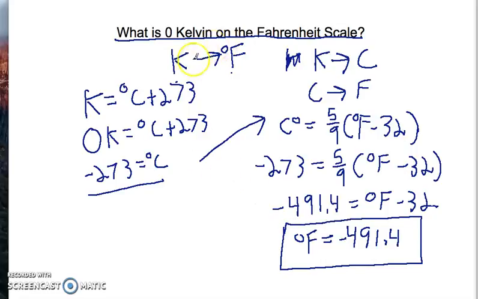So again, we want Kelvin to Fahrenheit. We go Kelvin to Celsius with one equation, and then we use the other one for Celsius to Fahrenheit, and this is the temperature in degrees Fahrenheit. So that's it, kind of a shorter unit. That's all for now.